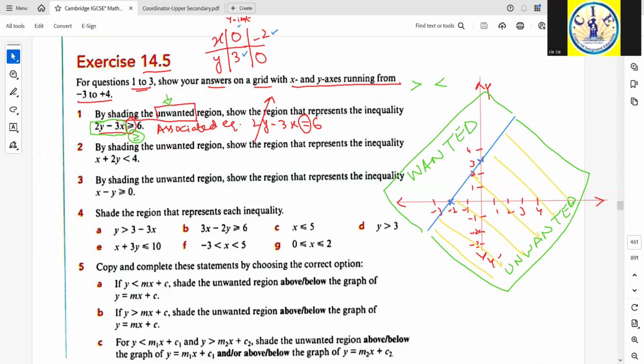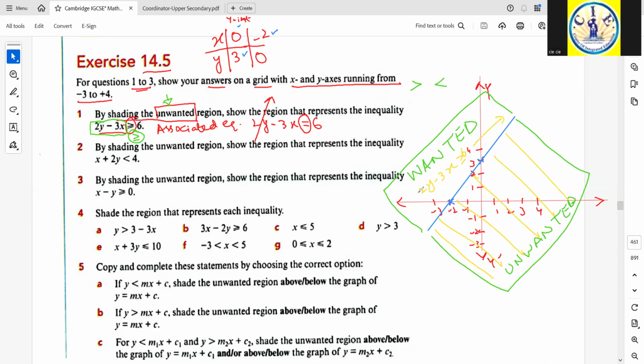And at the end, let me write down the inequality for our wanted region, that is 2y minus 3x greater than or equal to 6.